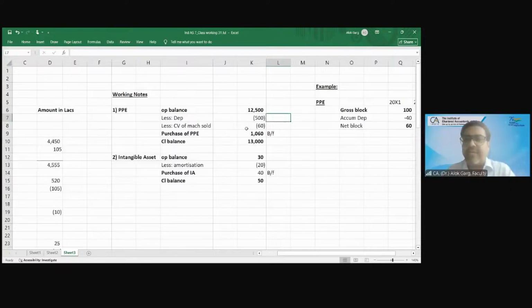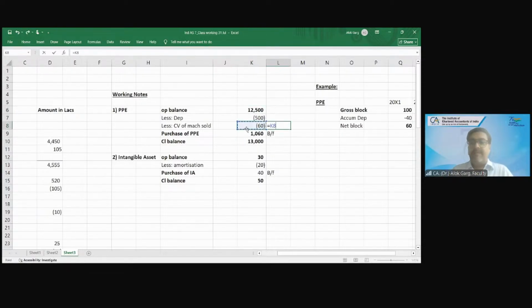Depreciation reduces the value, right? Yes, sir. And in the additional information, it was written that 60 lakh worth of machinery was also sold. So how much will we reduce from the carrying value of the machinery? 60 lakh. So 12,500 minus 500 minus 60 is 11,940.